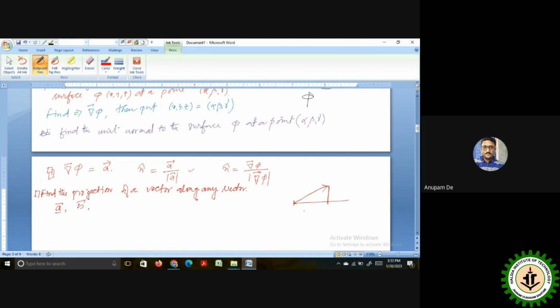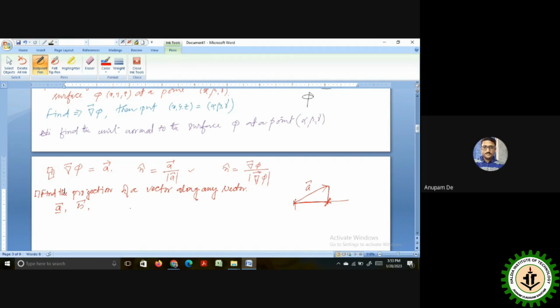Basically, suppose this is the vector A and you are taking projection along B, means this magnitude that you need, right? Yes or no? Yes, sir. And how do we calculate it?